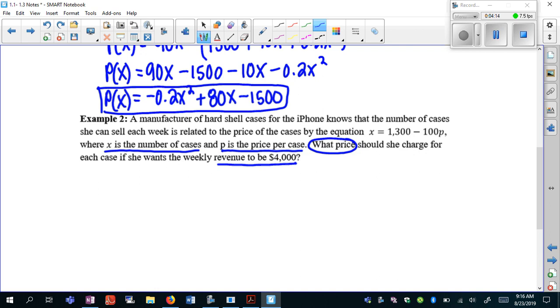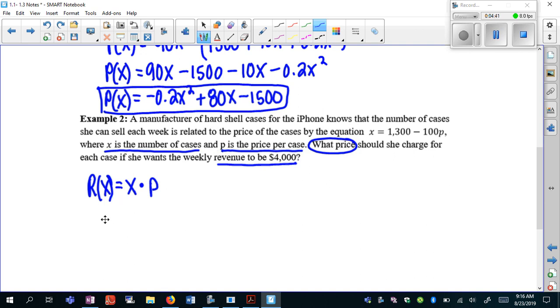First of all, think about the revenue. Revenue is going to be the number of items sold, so x, times the price of each item. That means I can't have a function where the input is x and there's another variable. So I need to switch this. I need this to be in terms of p.